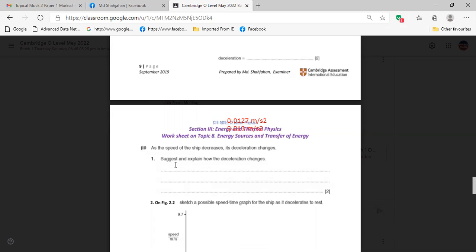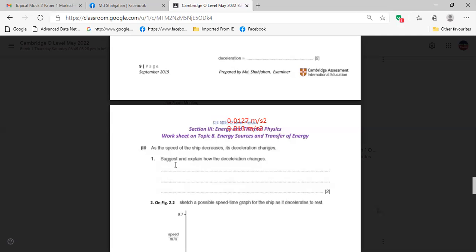If a ship is going slower, it faces less resistance from the water. If the speed is more, the resistance from the water will also be more, right?